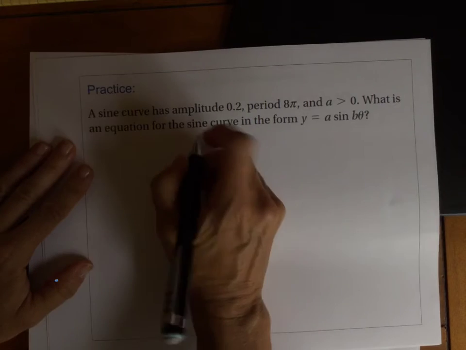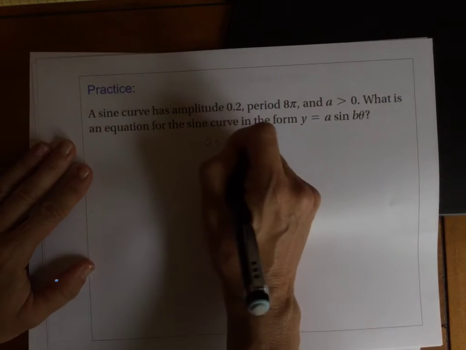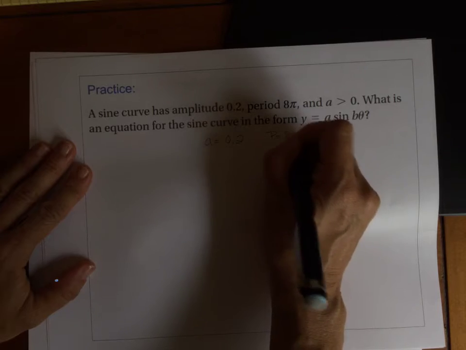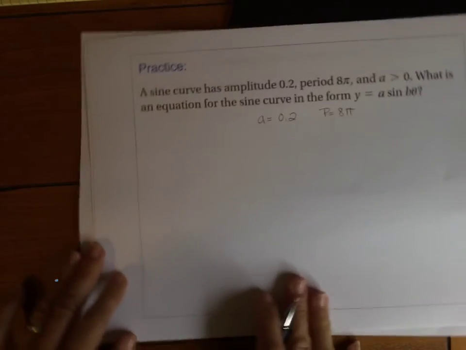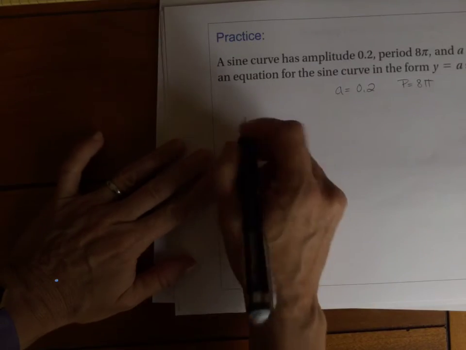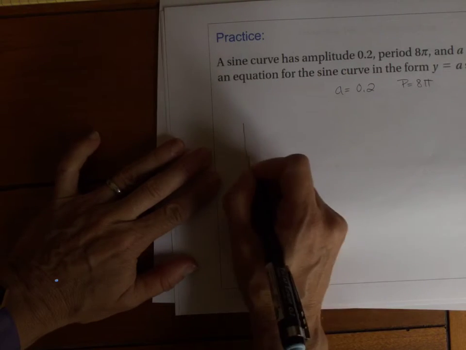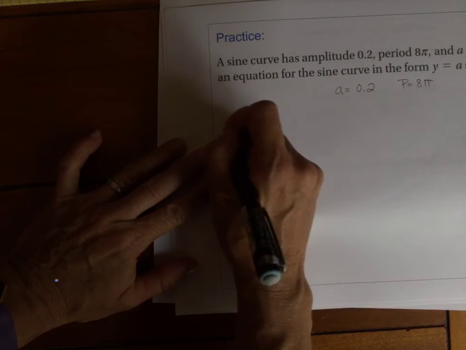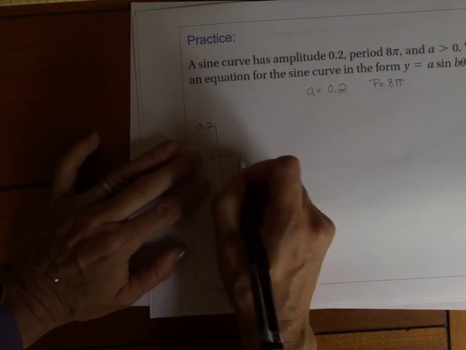So here we know we have A equals 0.2. We know our period is 8 pi. And so that's enough to get started graphing because we also know the pattern. So this time, here's 0 in the middle, here's negative 0.2, and this is positive 0.2.